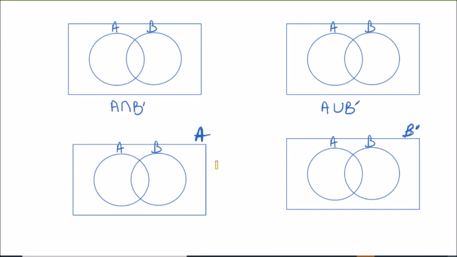So I'm going to color in A, as best I can, in yellow, and I'm going to represent B dash, so everything not B, as blue.